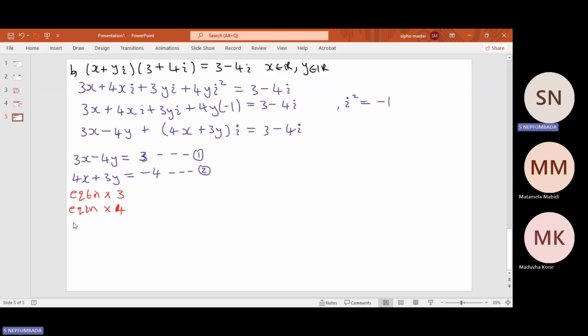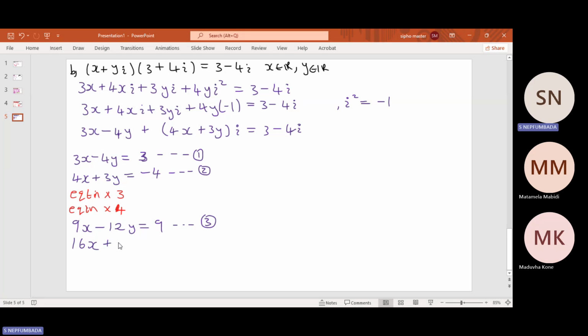So 3 times 3 is 9x minus 12y is equal to 9. Now, good. Then let's name it equation 3. Then this one, 4 times 4 is 16x.